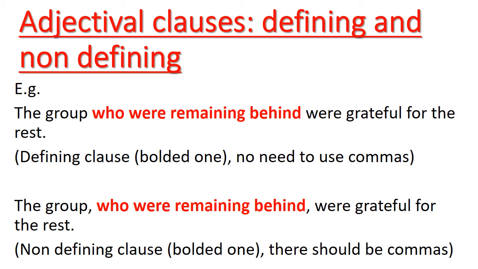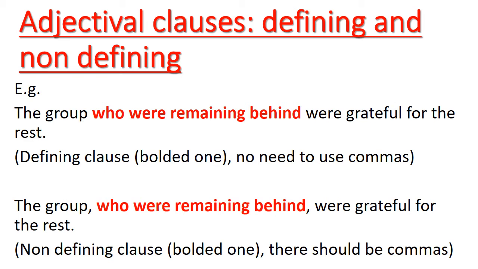Let's go to the second one. The group, comma, who were remaining behind, another comma, were grateful for the rest. Here we have used a non-defining clause. The second adjectival clause adds extra information about the whole group described. It does not pick out one group from among several.